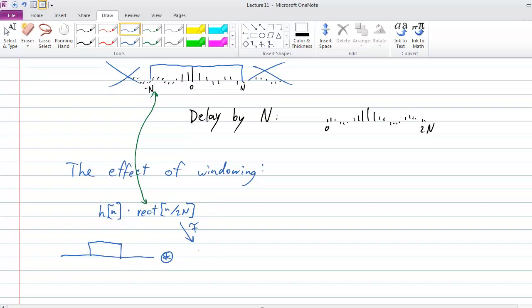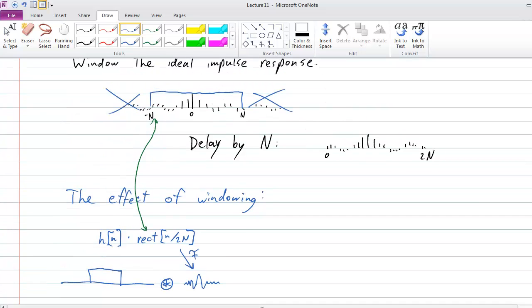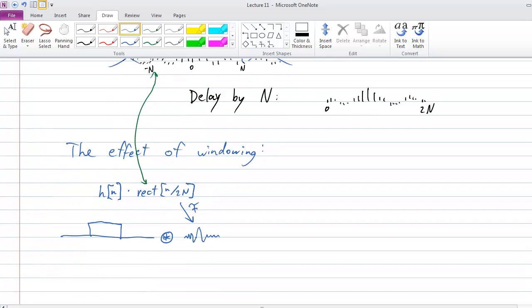If it's a rect, we know that's going to be something like a sinc, this discrete time sinc. Okay, but in general, we could use a different window other than a rect up here. What does the result of this convolution look like? So this is going to end up looking something like this.